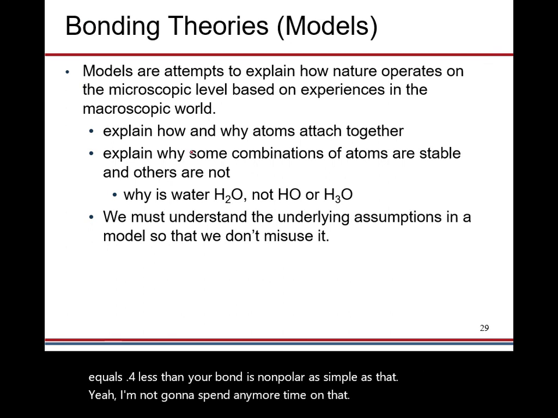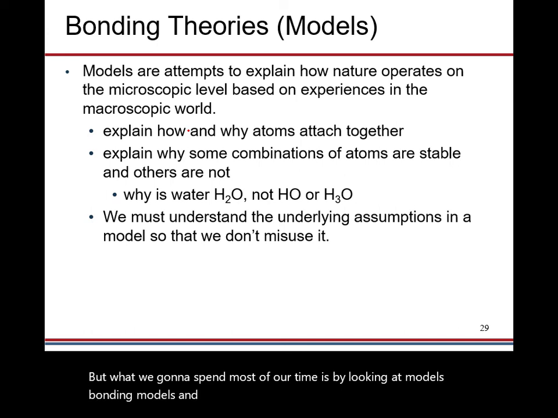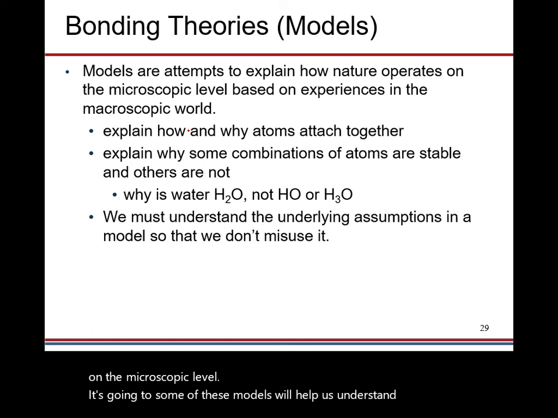But what we're going to spend most of our time on is looking at models, okay? Bonding models. And models are a way to explain how nature operates on the microscopic level. Some of these models will help us understand how atoms attach to each other.